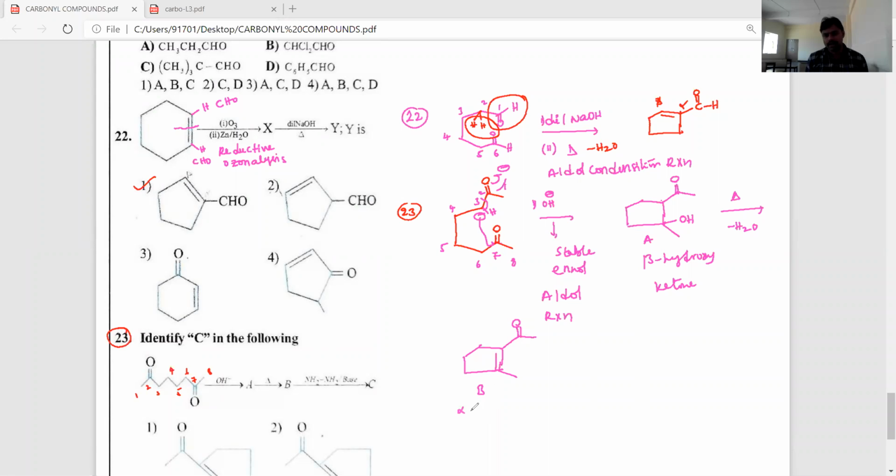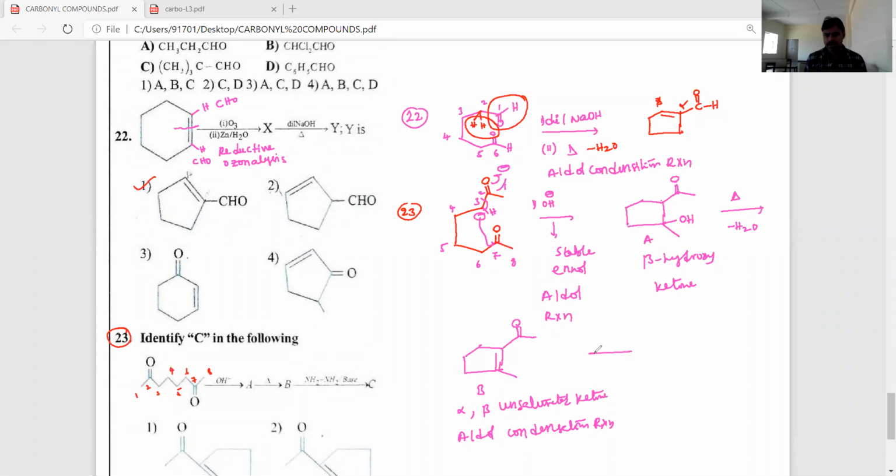This is alpha, beta unsaturated ketone. This second step is the aldol condensation reaction. So from the starting material to B, the B product is the aldol condensation product.